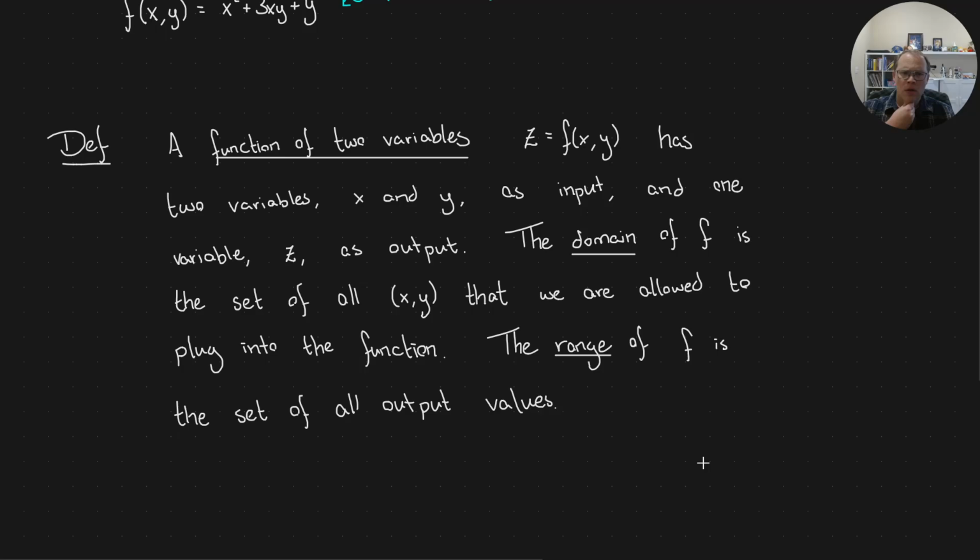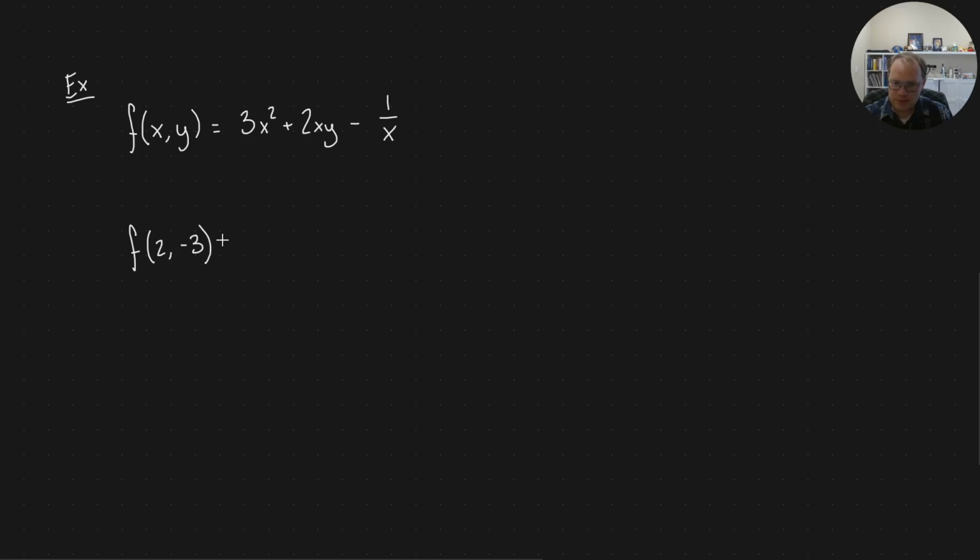Okay? So let's just play with it just a little bit. Let's do a quick example. Just take a look at one two variable function. We'll have f of xy equal, let's do 3x squared plus 2xy minus 1 over x. Okay? And let's consider what f of 2 comma negative 3 is.